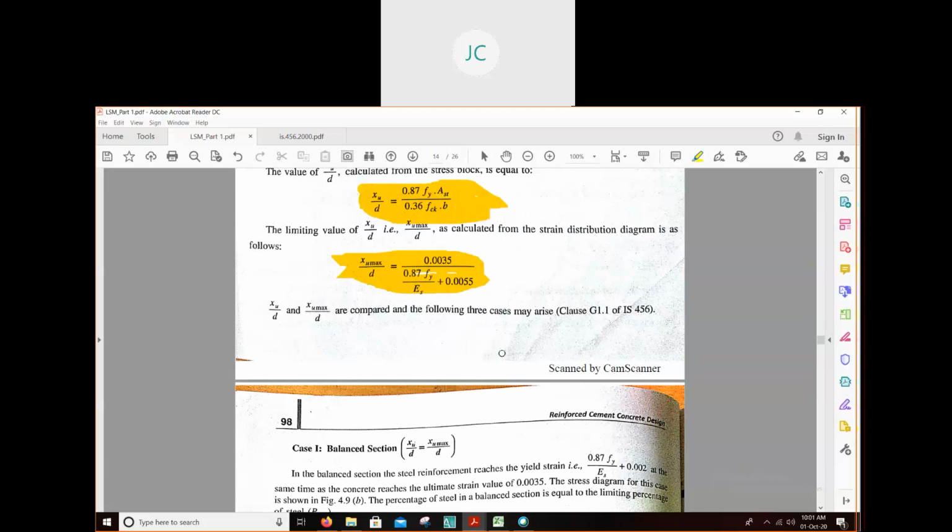See here, for balance section, XU equal to XU max. Can you tell me what will be the condition for under reinforced section? Which value will be more for under reinforced section? XU or XU max?